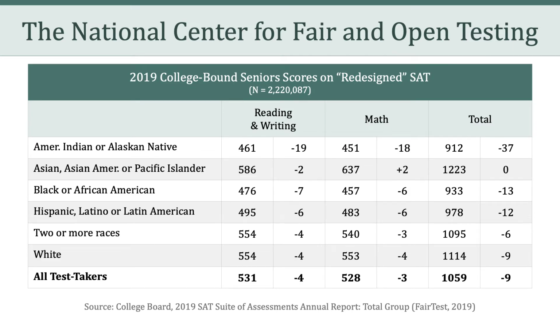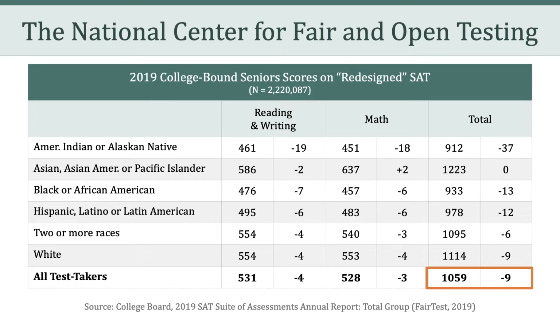They went ahead and analyzed the results of the 2019 college-bound senior scores on the redesigned SAT. And so you could see here along the y-axis, we have categories of ethnicities, and then we have one column dedicated to reading and writing, one column dedicated to math, and then another column dedicated to the total score.